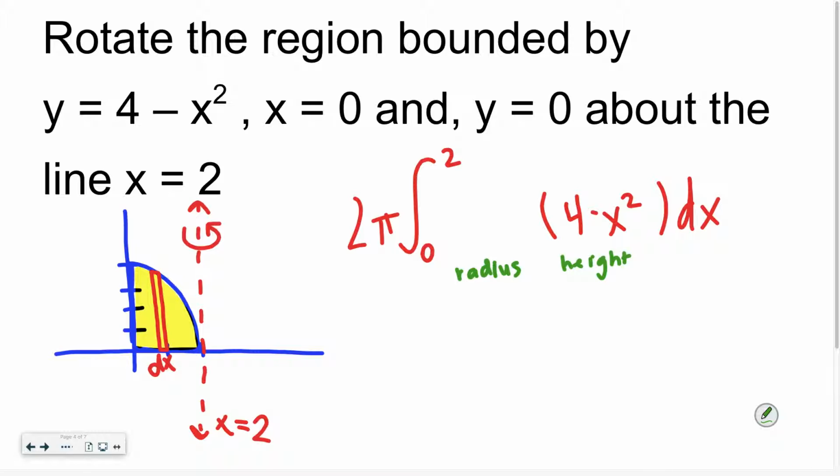Each of these rectangles, you need to think about how far they are away from the axis of rotation. Each one of these rectangles is x away from the y-axis. So from x equals 2, they would be 2 minus x away.